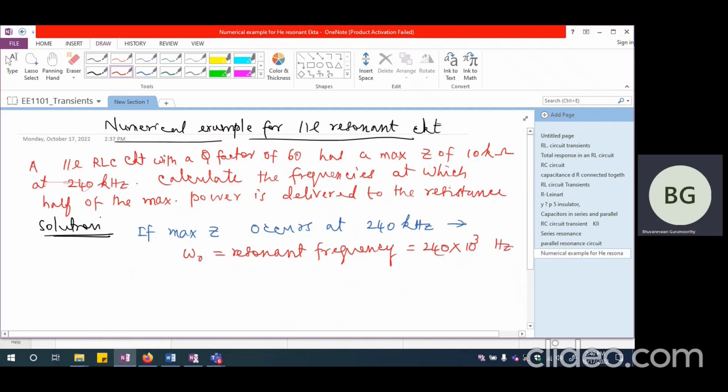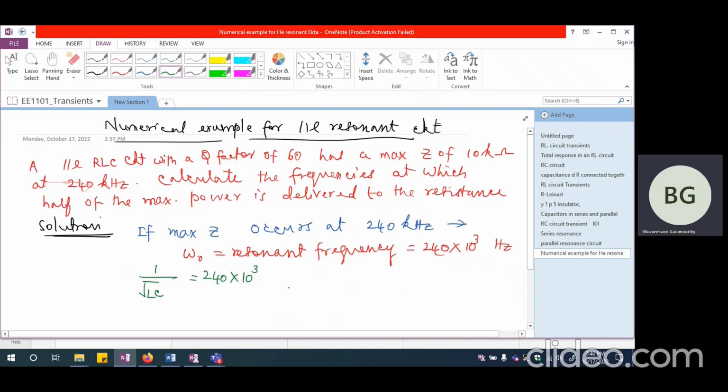So if the resonant frequency is 240 kilohertz, then correspondingly, we can say 1 divided by root LC is equal to 240 multiplied by 10 power 3. And we are being asked to calculate at what frequencies half of the maximum power is delivered to the resistance.